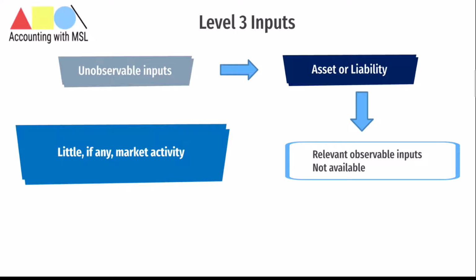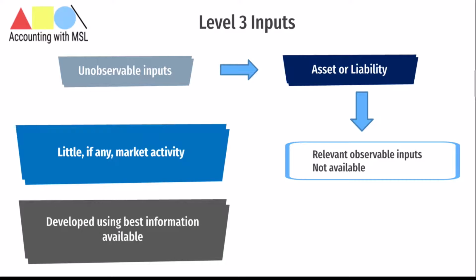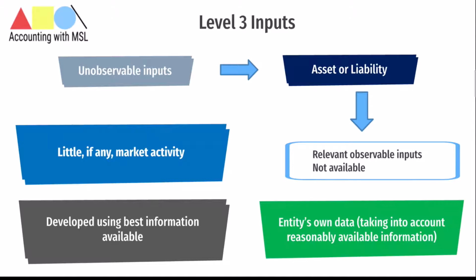And take note, an entity develops unobservable inputs using the best information available in the circumstances, which might include the entity's own data, taking into account all information about market participant assumptions that is reasonably available.